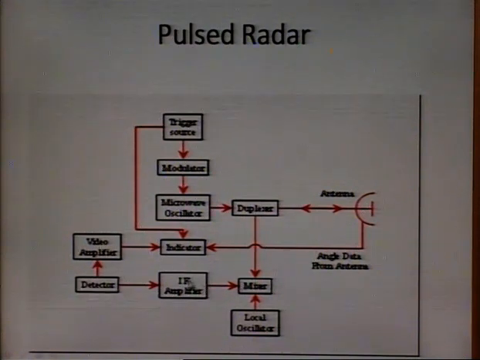It is given to the IF amplifier, then the detector, video amplifier and indicator. In the indicator, we know the time difference between the transmitted signal and the received signal, and as a measure of time we can calculate the range of the target. This angle data from the antenna is also given to the indicator.